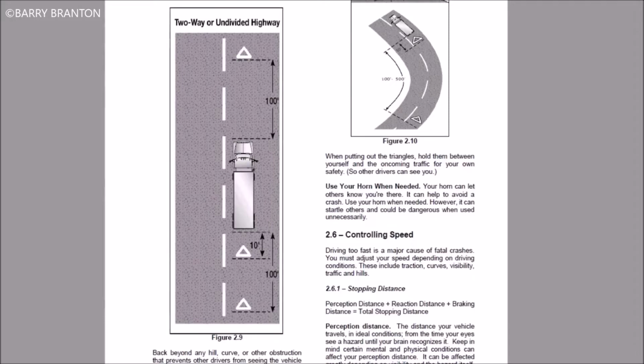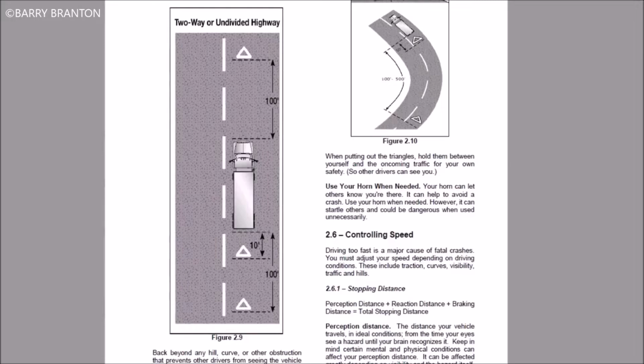So an example of an undivided highway would be, you could have a 4-lane undivided highway. There's no central reservation between the roads. So you have traffic that's going in this direction, going, say, south, and you are going north.